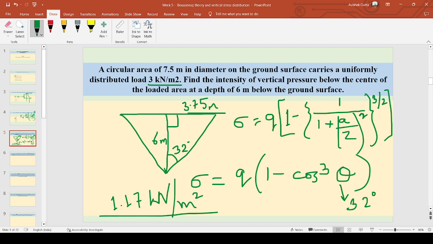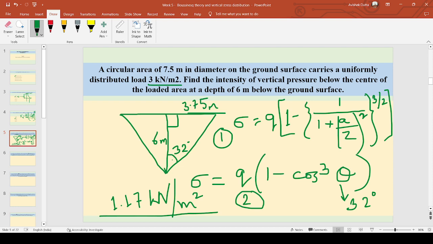So we can solve this particular question by two methods. One is using formula number 1, or using formula number 2, which uses half of the internal subtended angle.